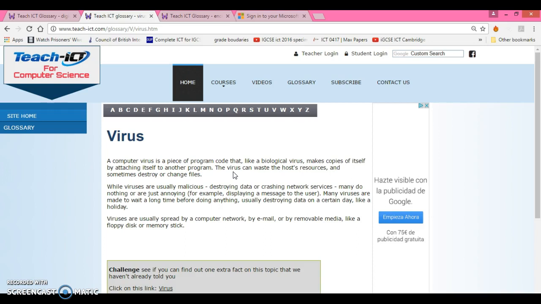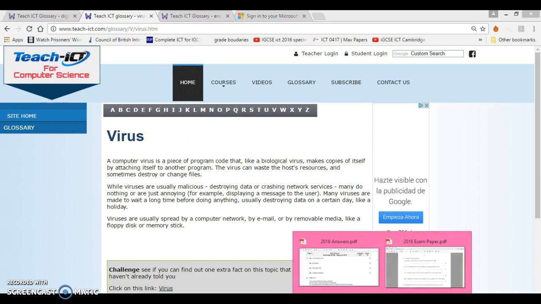Now, that cold can be passed on to somebody else. So just like, for example, if your computer has a virus, you put a USB drive into your computer, you take that USB drive to school, put that into a computer at school, then you've passed on the virus to one of the computers in school, or if you just put it into your friend's computer. Okay, so there's that one.